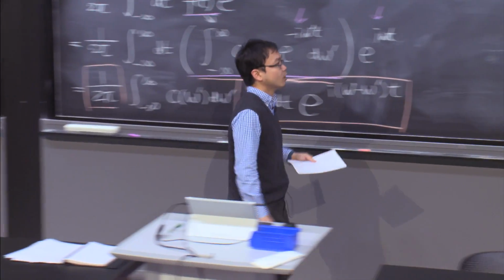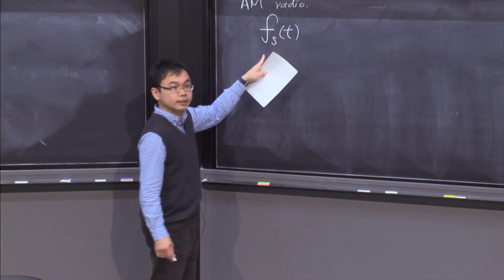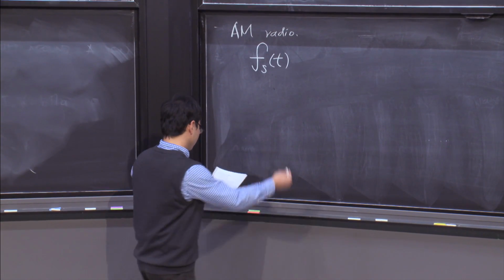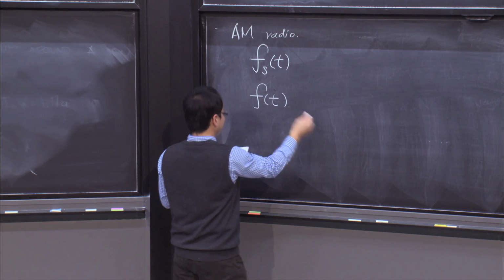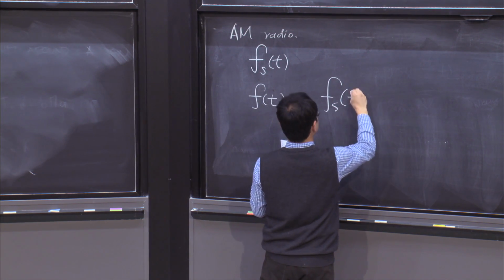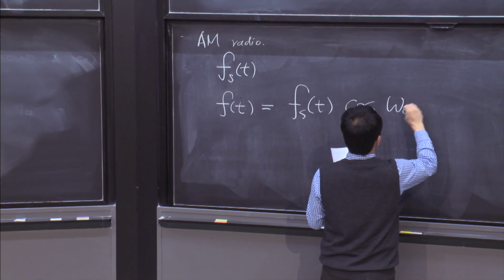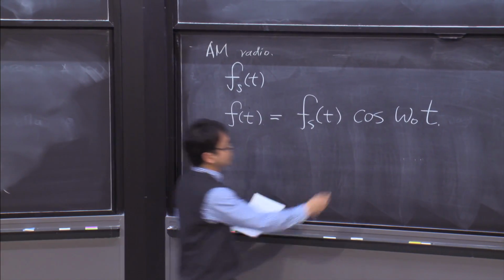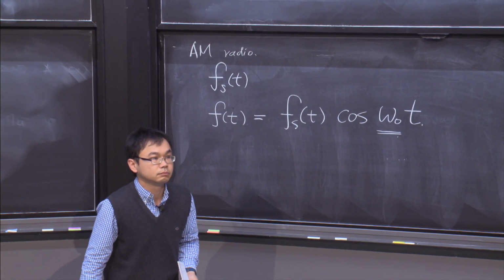So now, what should we do instead? Instead of sending fs as a function of t directly, I can now send f of t, which is equal to fs of t times cosine omega 0 t, where omega 0 is a very, very large number.